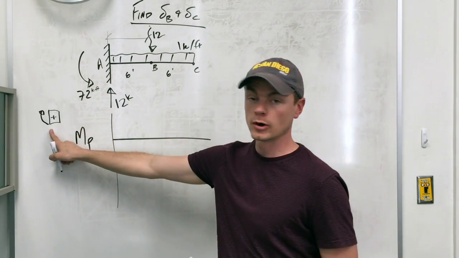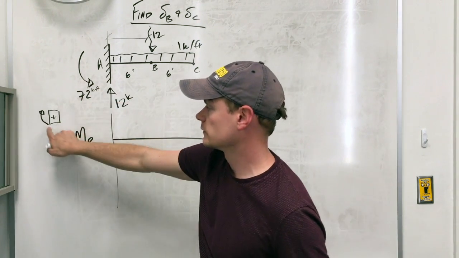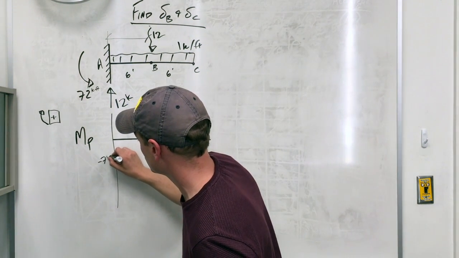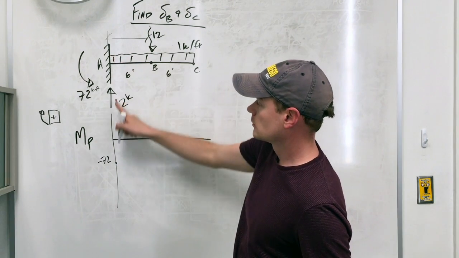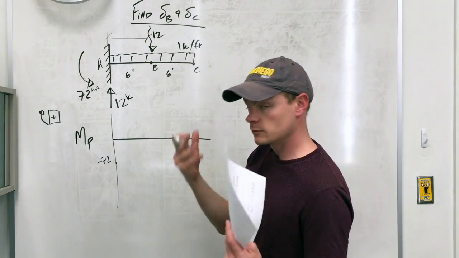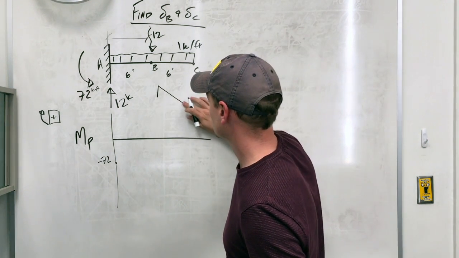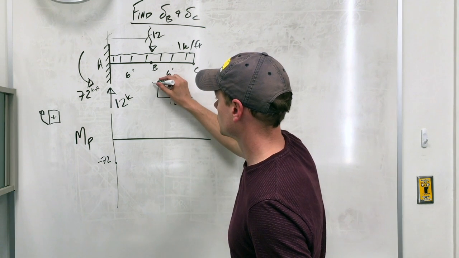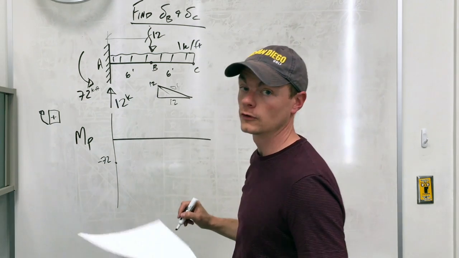And when I have this 72, it corresponds to negative internal moment, right? This is going counterclockwise, but clockwise is our positive internal moment on the left side, so that means negative 72. And then this is my shear. Maybe you want to write it down yourself, but the shear should look like this, 12 at this end, and the slope is 1.